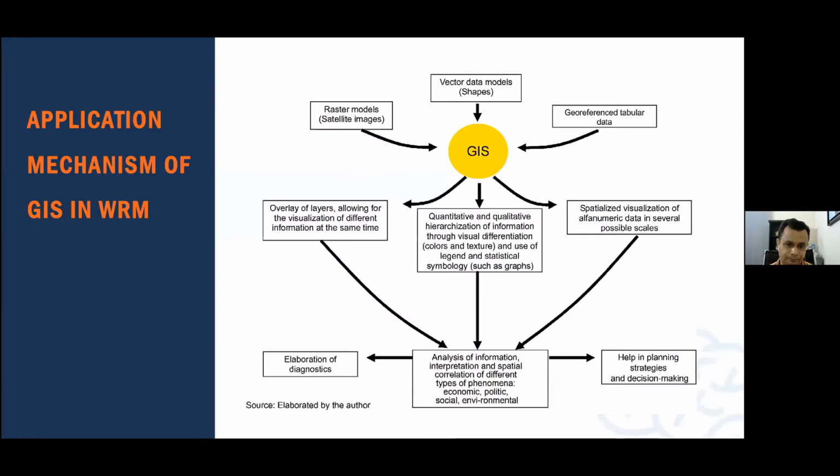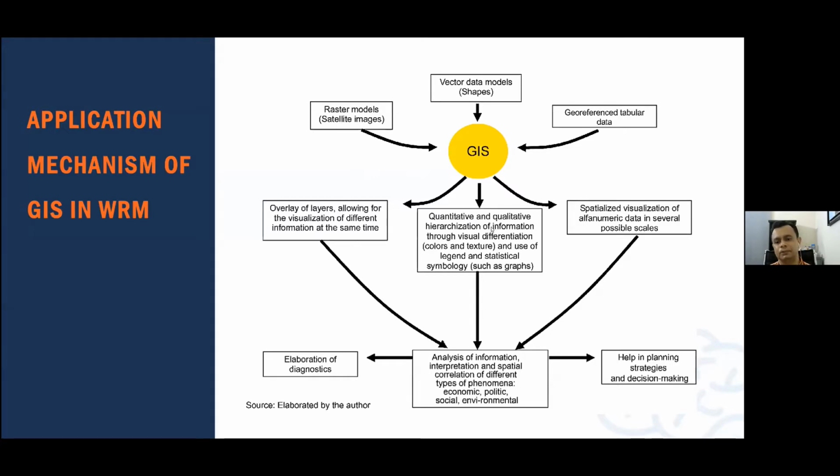And what will be the application mechanisms of this kind of water resource management in GIS? So we have a very comfortable environment in GIS. We can have some vector data models, shapes, and we can have some raster data models, and we can have some georeferenced tabular data. All together we can integrate it in GIS, and then we can perform some overlay analysis.